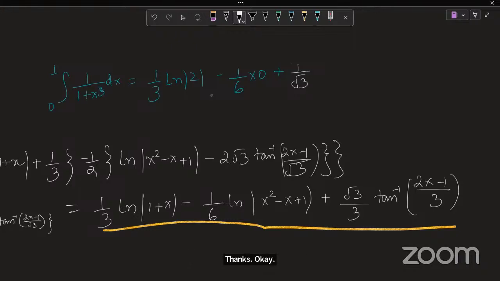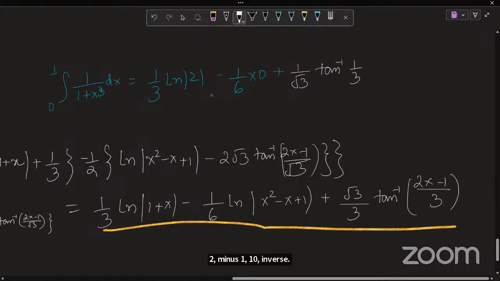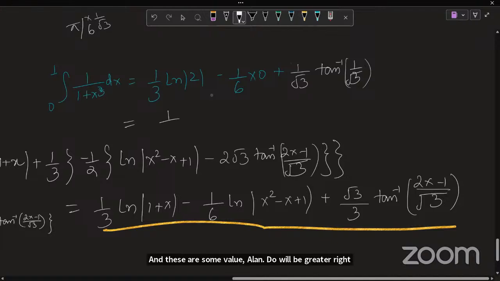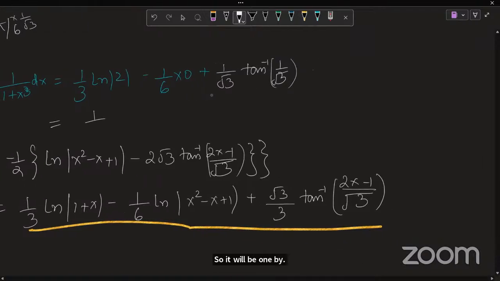Tan inverse of 2 minus 1, tan inverse 1 by root 3. So what is the value of tan inverse 1 by root 3? Here it will be a root. So tan inverse 1 by root 3, what is the value? Pi by 6, tan 30 degree, right? Pi by 6 into 1 by 3. And ln 2 will be greater, right? I have to subtract the value at 0 also.